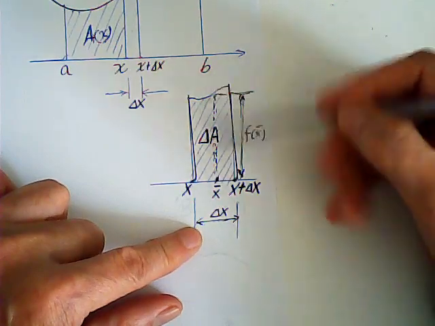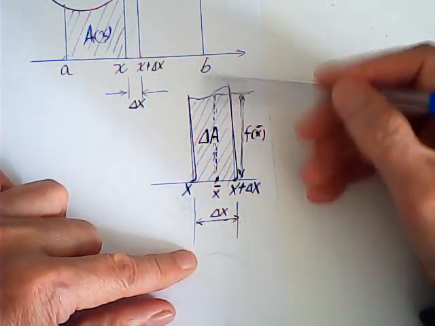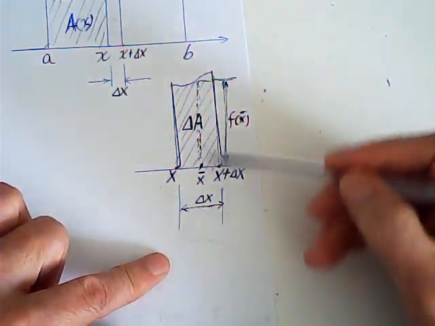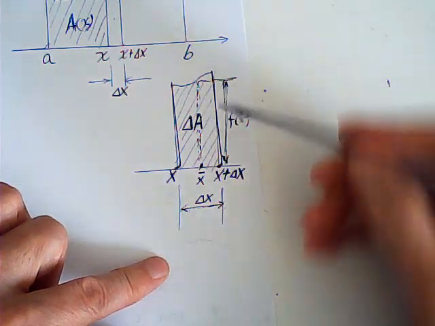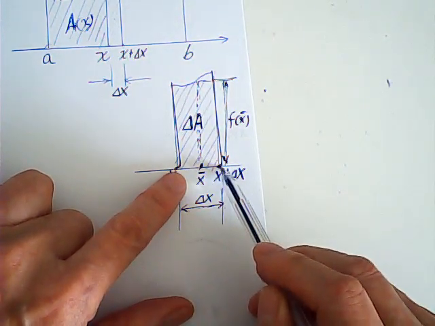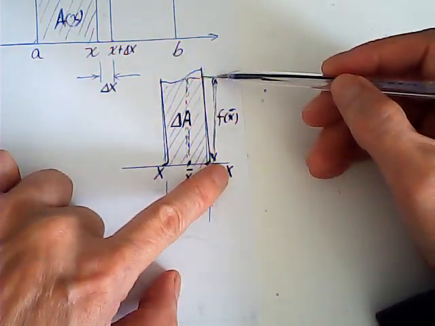The height, because the function is a variable, is different. You see, it might be different everywhere from x to x plus delta x, but definitely there is an average height.